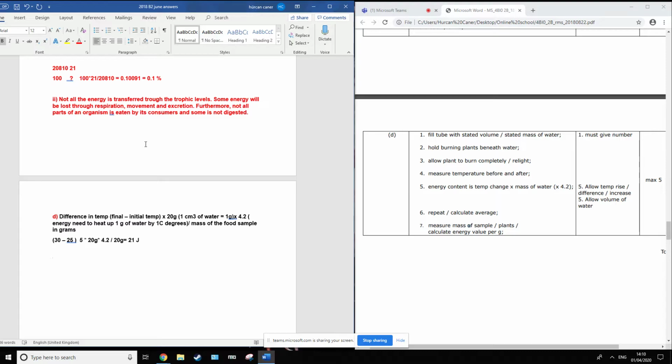Each centimeter cube of water is 1 gram. Just like 1 liter of water is 1 kilo, approximately. Same assumption.